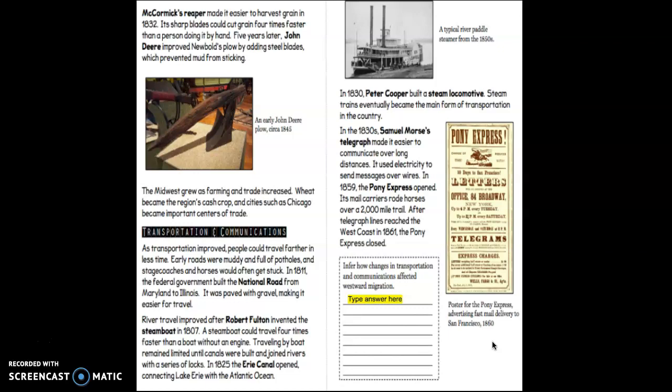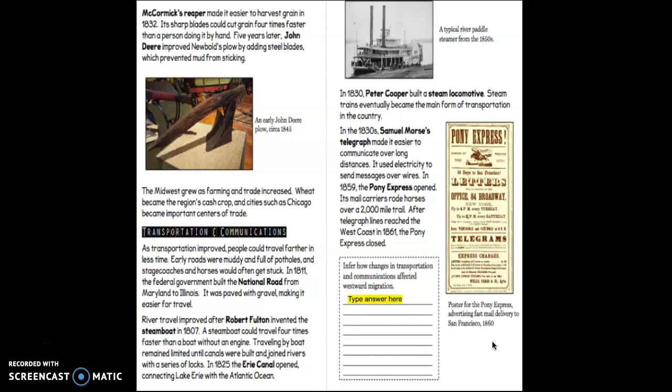In 1825, the Erie Canal opened, connecting Lake Erie with the Atlantic Ocean. And the Erie Canal was probably the most advanced form of architecture at that time in the United States, really in the world, connecting the Atlantic Ocean, if you can imagine, with Lake Erie.